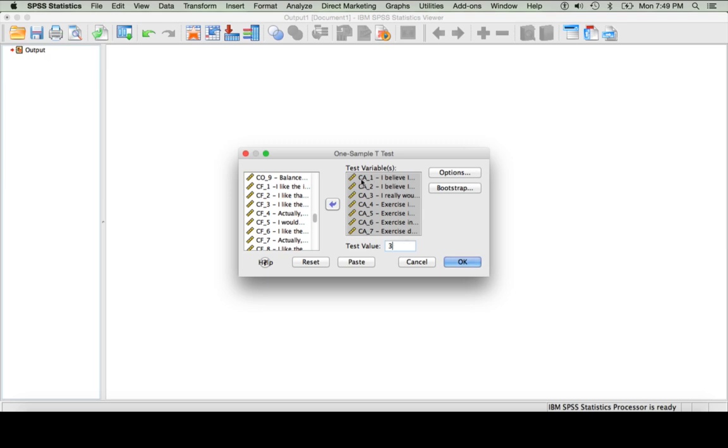So fundamentally, we're going to be asking, did the means for these variables differ from the neutral point on the scale? And we're able to specify that precisely. So we can make that 3.5 or whatever we want, but we're going to use 3 because that's the neutral point on the scale. And we'll hit OK.